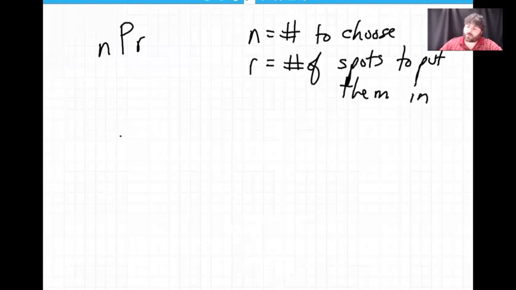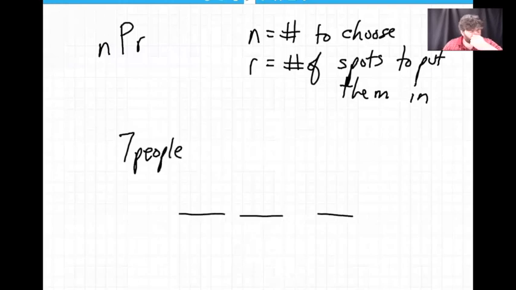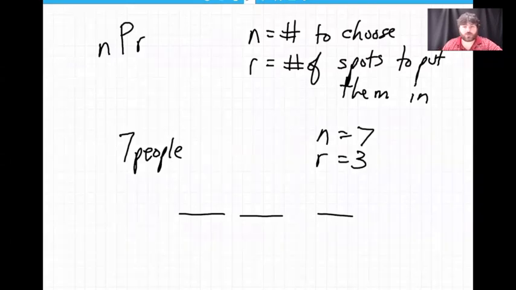So in our last example, we had 7 people. We had first, second, and third. So N is going to be the total number of people, and R is going to be the number of spots to put them in. So 7 choose 3, or 7 permutation 3, I should say. So N is 7, R is 3. So what we want to calculate is 7 permutations of 3.